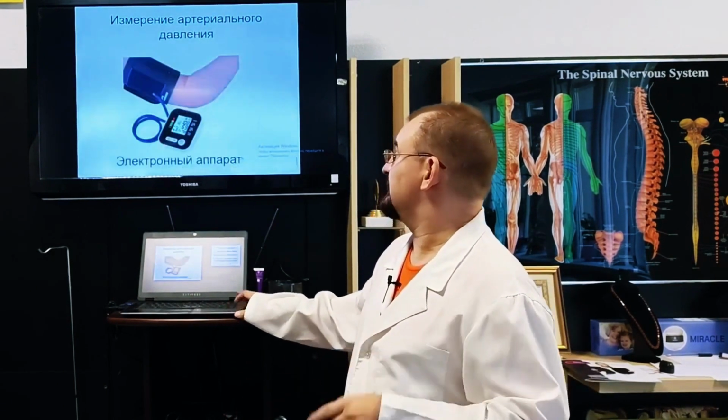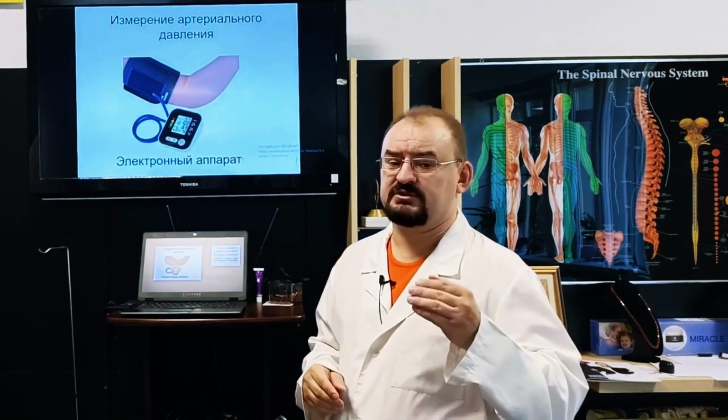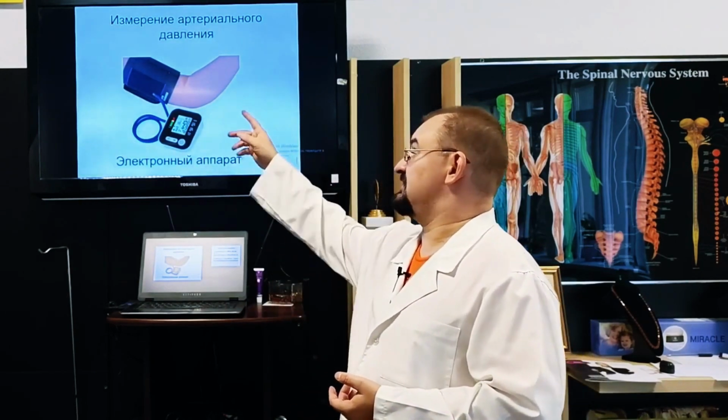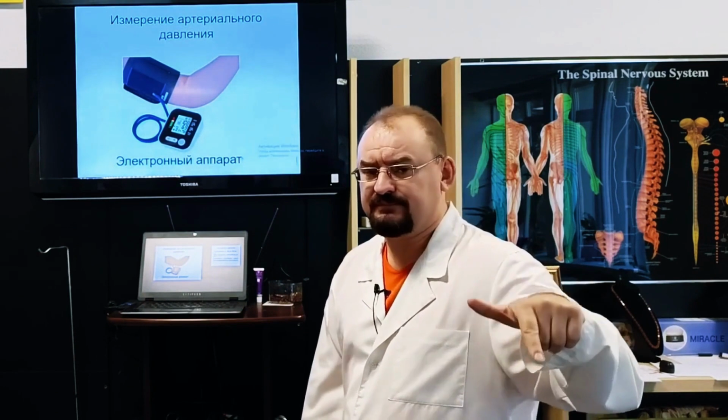Unfortunately, what I'm showing you are just historical methods. To be honest, fewer and fewer doctors use this approach nowadays. Now there are electronic devices. A person puts the cuff on their arm the same way, presses a button, and it automatically inflates, automatically deflates, and records the result.